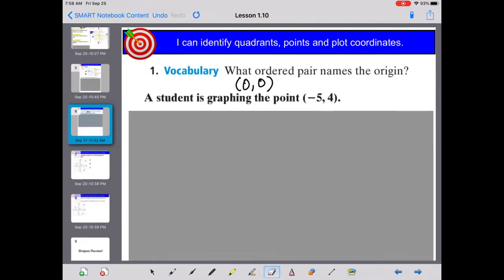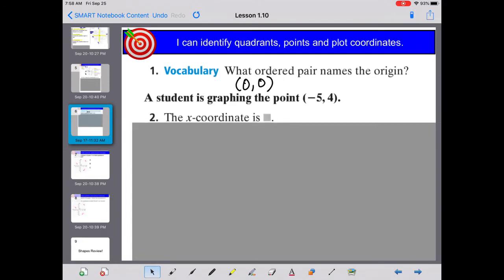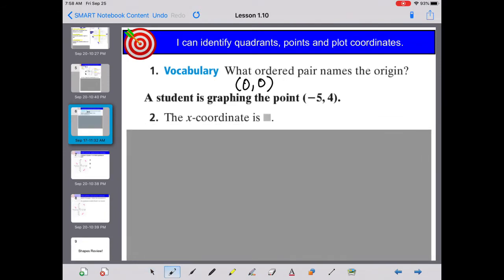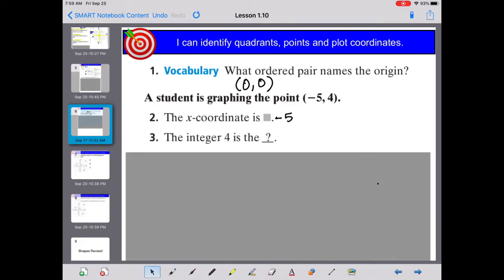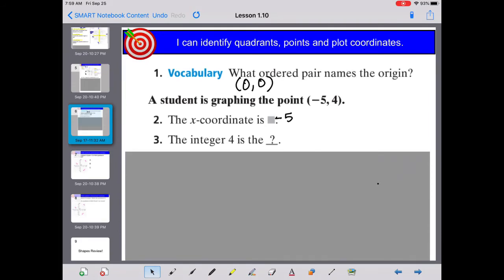Okay. All right, so the next box in your notes talks about a student graphing the ordered pair negative 5, 4. So let's quick review. What is the x-coordinate? Everybody should fill that in. It should be negative 5. The integer 4 is the, hopefully you all see that that's the y-coordinate.